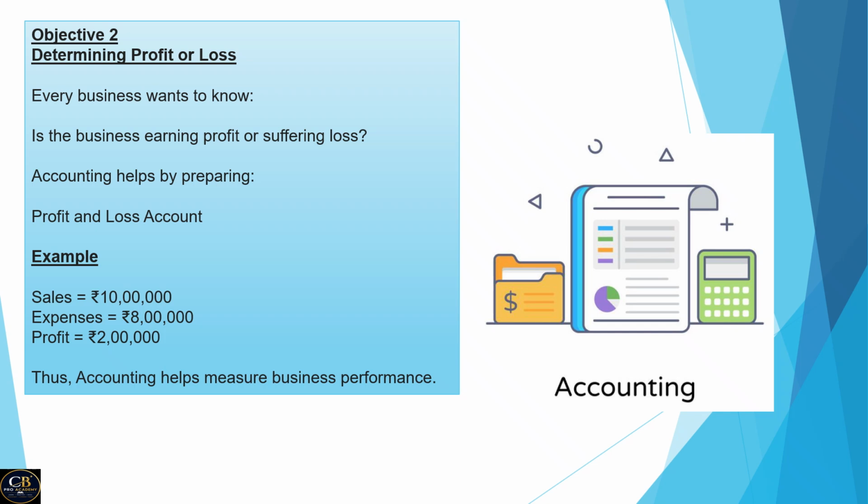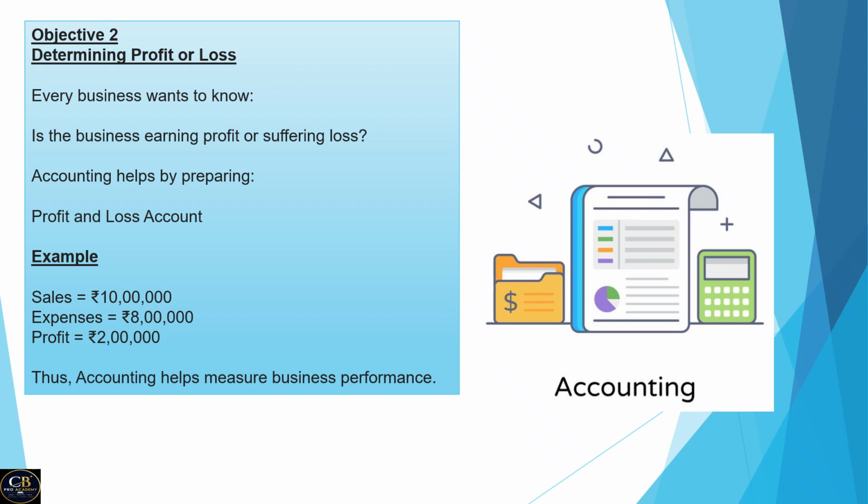Sales 10 lakh rupees, expenses 8 lakh rupees. Then what is the profit of the business? Profit will be 2 lakh. So accounting helps in measuring business performance, right? So that's why the second objective was determining profit or loss.